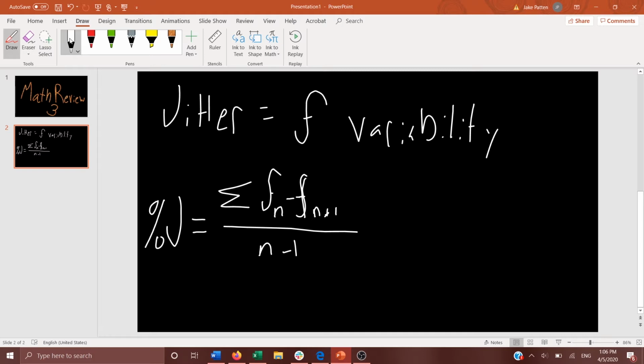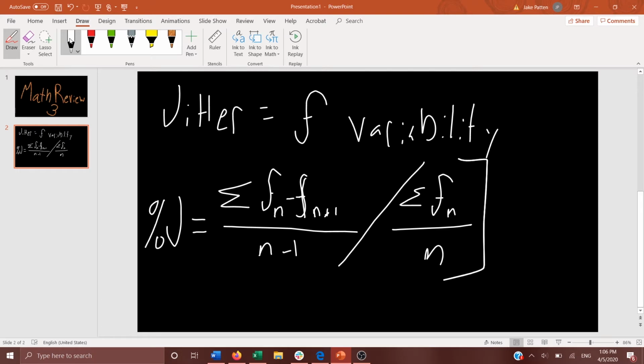N is the number of frequencies you're dealing with. That's going to be over the sum of every frequency over n. And all that is multiplied by 100. So there's your formula.